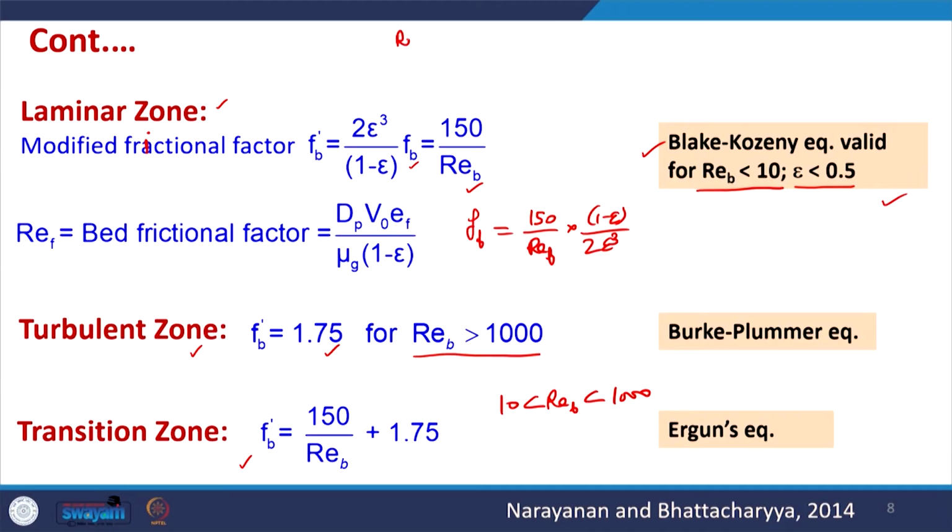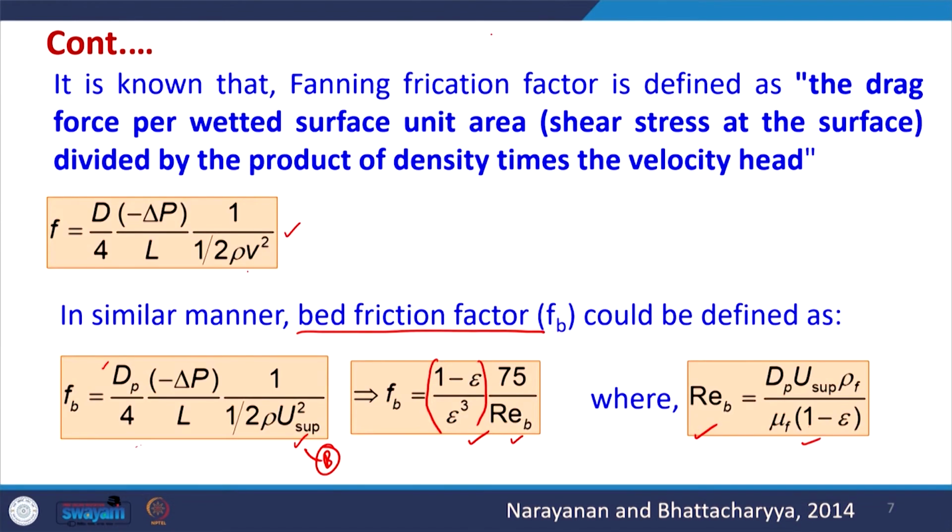So, three things are important in this. Three important parameters are: first, find out the REB, the Reynolds number, which should be well known to us. Second is FB; once FB is known, we can use the equation to find out many of the things, because FB is known and we can find out other parameters.